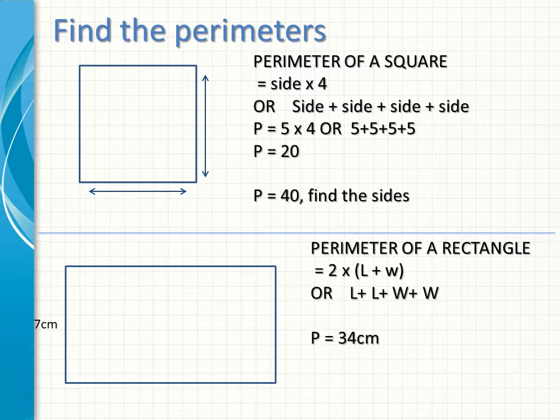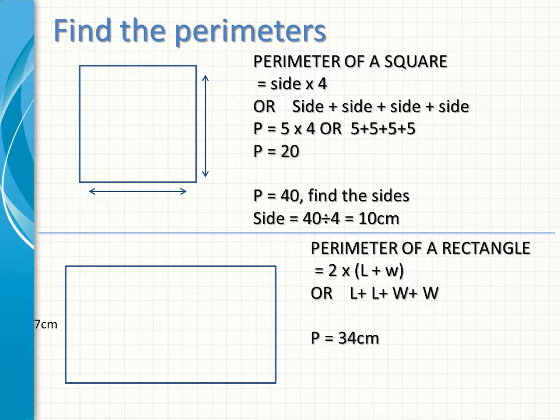Everybody knows that the square has 4 sides and all the sides are the same. So what we simply do is divide 40 by 4, the number of sides of the square. And what's our answer going to be? 10. So that means the side of the square is 10 centimeters.